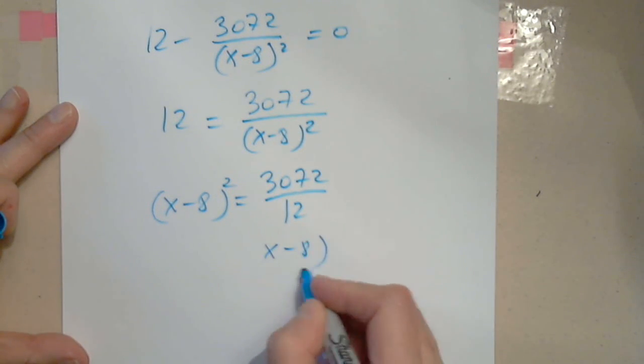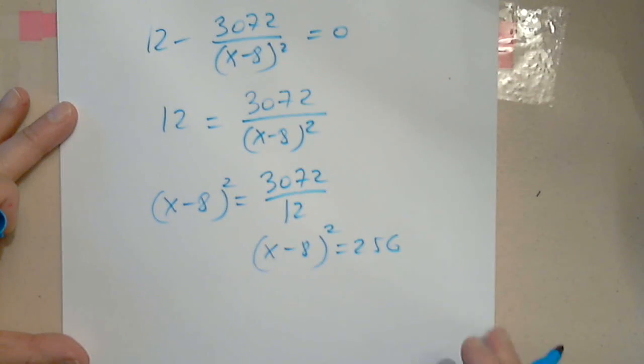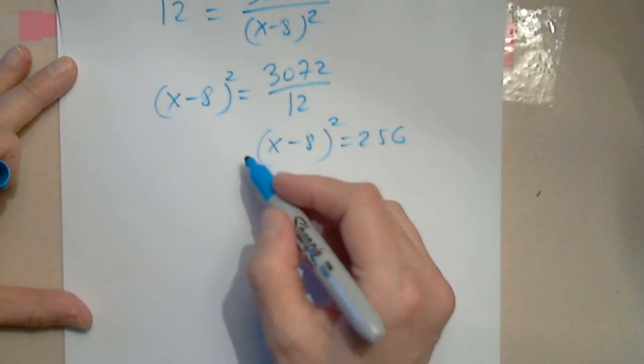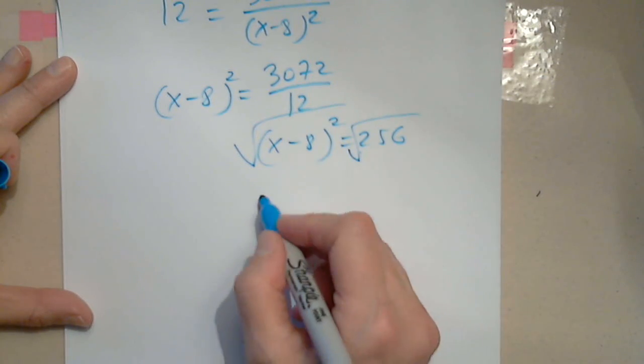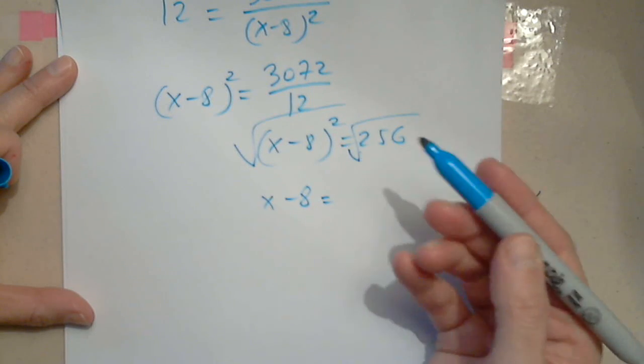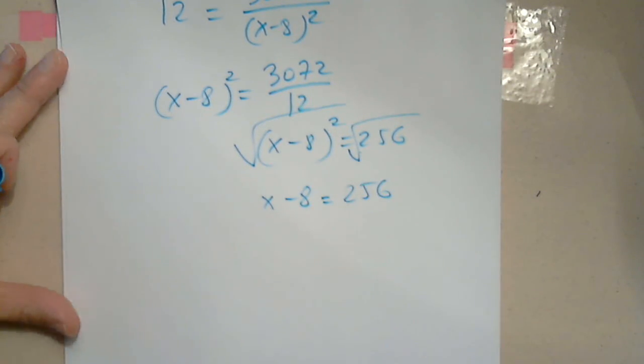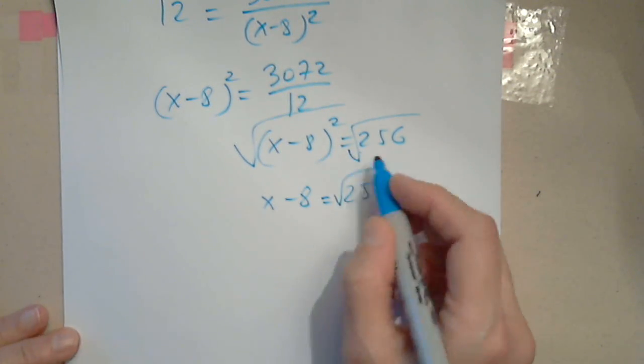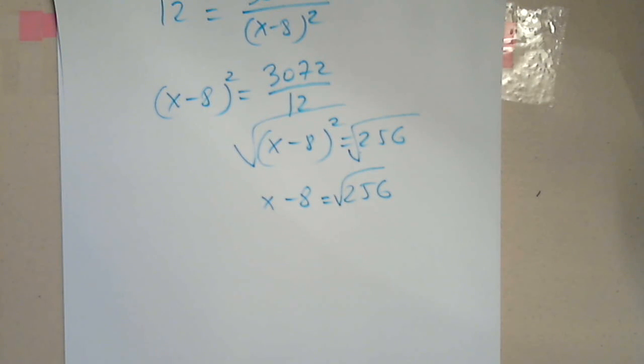So now I get x minus 8 squared equals 256, or x minus 8 equals the square root of 256. I should write plus or minus, but we are talking about a length, and then add 8 to it. So 16 plus 8 is 24.